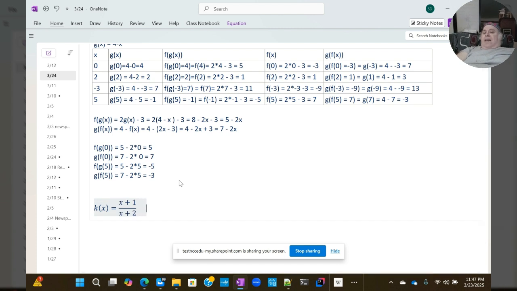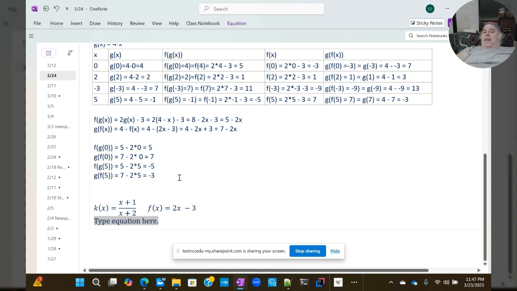And m of x is equal to, okay, what do we want to do? Let's keep this one a little simpler. Let's just stick with f, is equal to, let's stick with 2x minus 3.